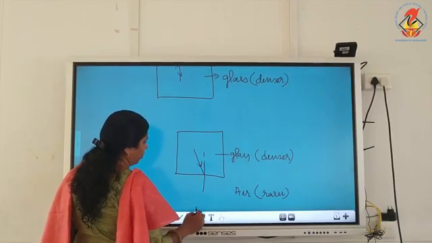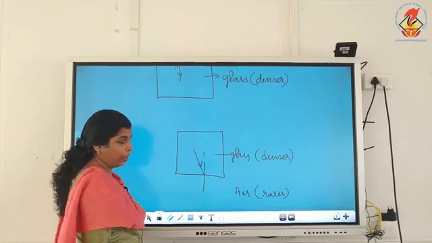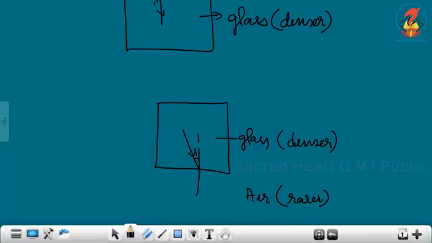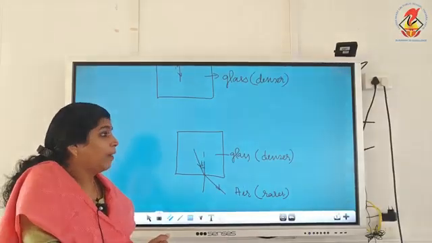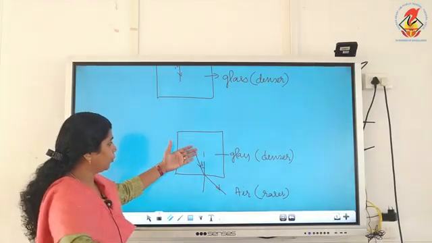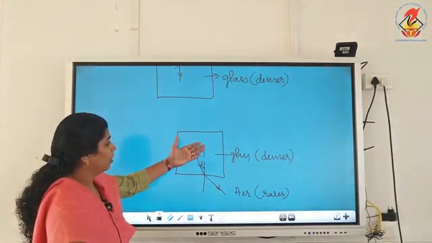This is a normal at the point of incidence. This one is the angle of incidence i. The refracted ray, or the ray coming out from the glass, will bend away from the normal.